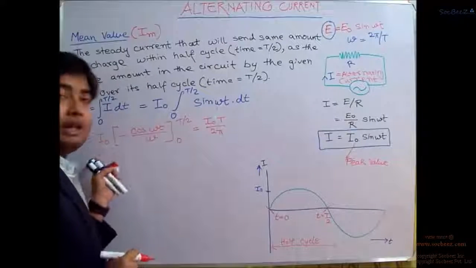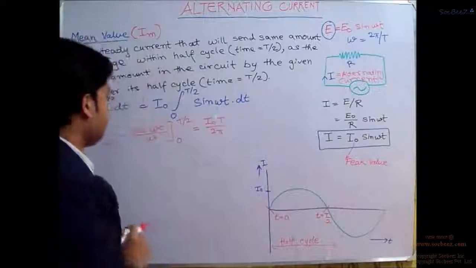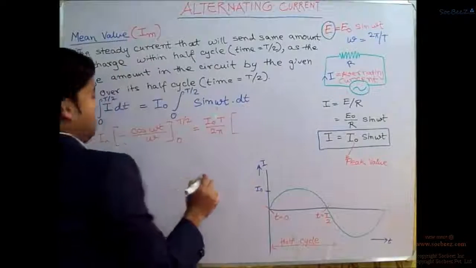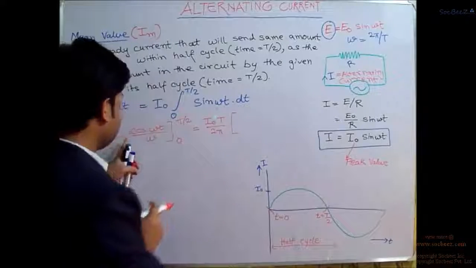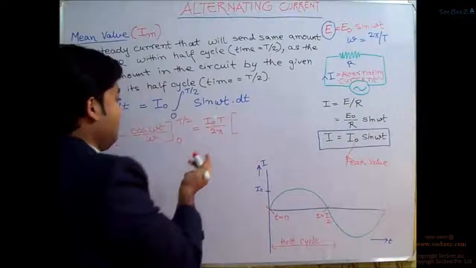Because omega will be replaced by 2 pi divided by capital T. And as this is a negative sign, we can change the limits.